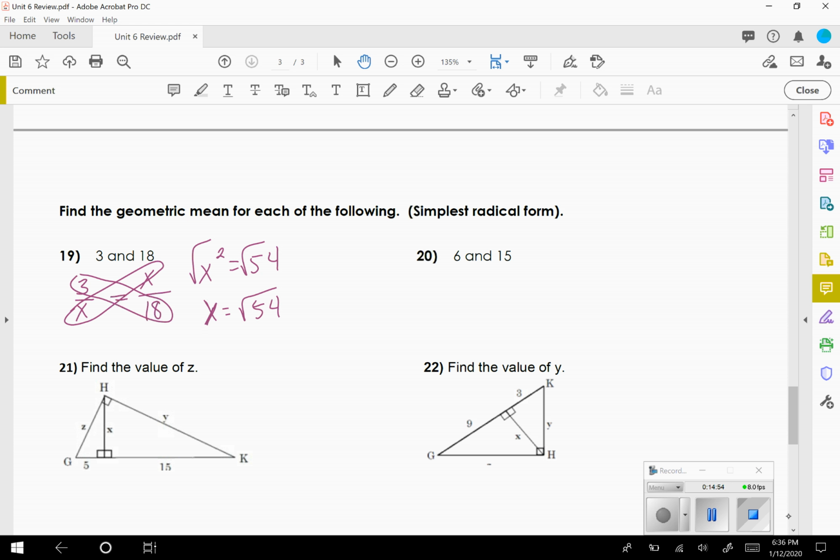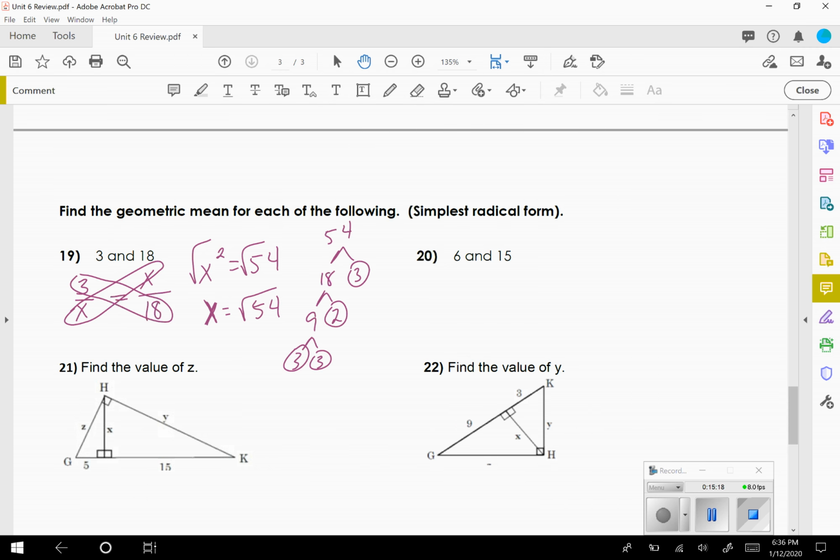Okay, and then you'll have to simplify here. So 54, we factor it out. Okay, we have 18 and 3. All right, 3 is already a prime, so circle that. 18, you can do 9 times 2, so 2 is a prime. 9, you can do 3 times 3, so circle that.